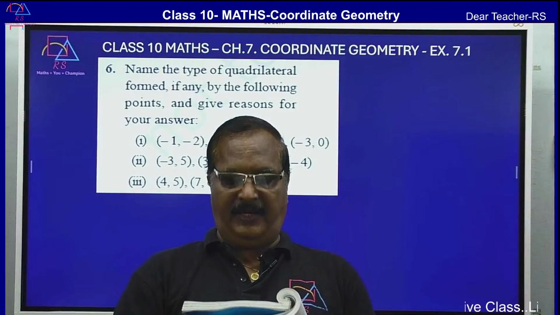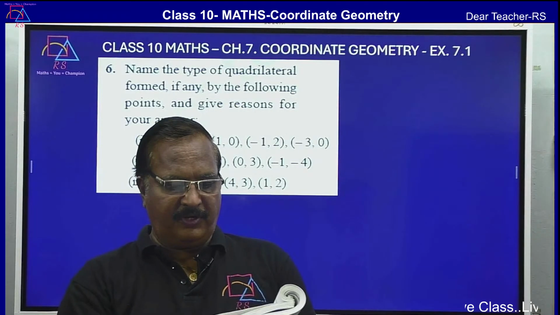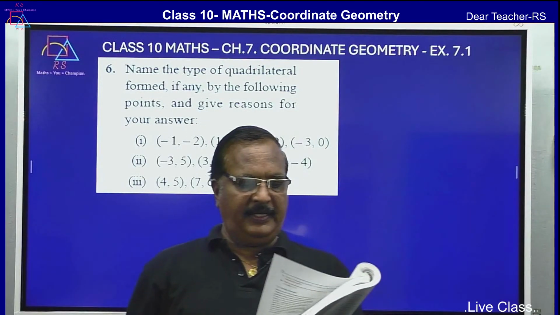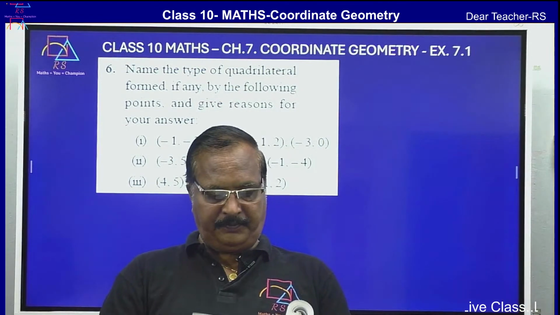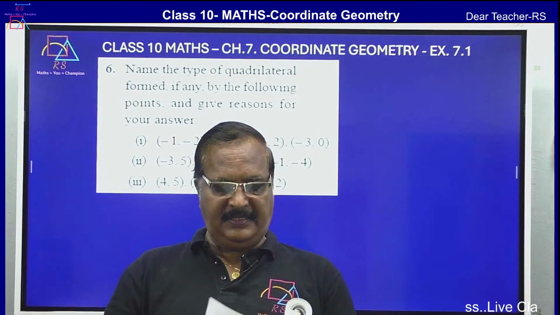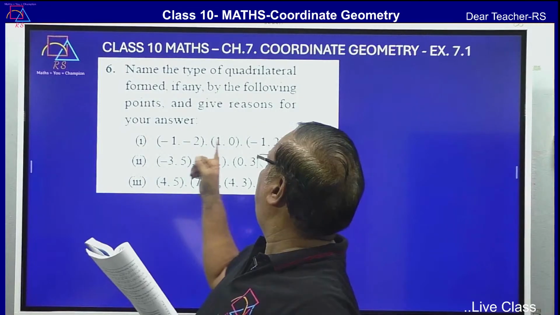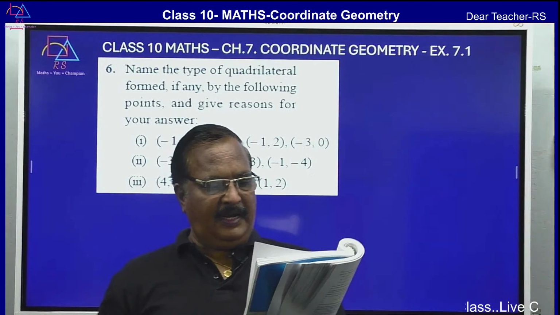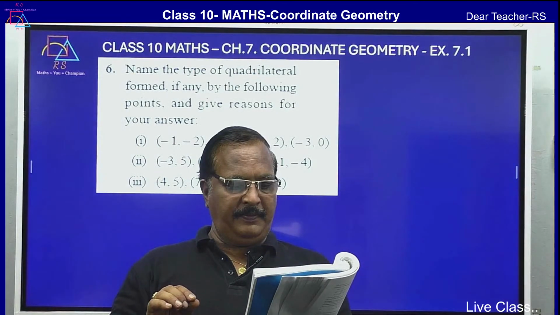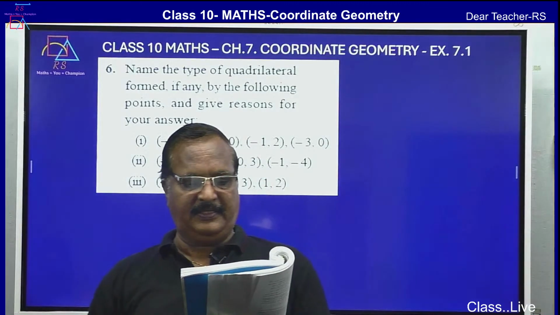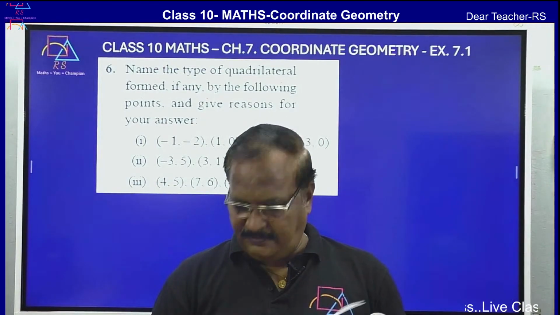Name the type of quadrilateral formed, if any, by the following points, and give reasons for your answer. He has given 4 points, and he asked us to name the type of quadrilateral formed by these points and give reasons also. It's very simple, like the previous questions.